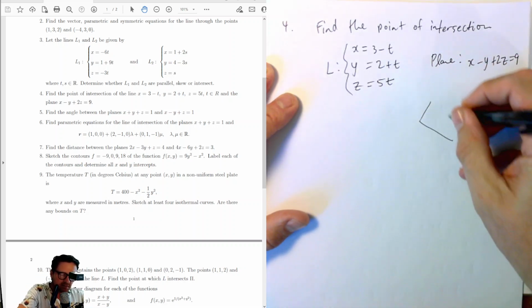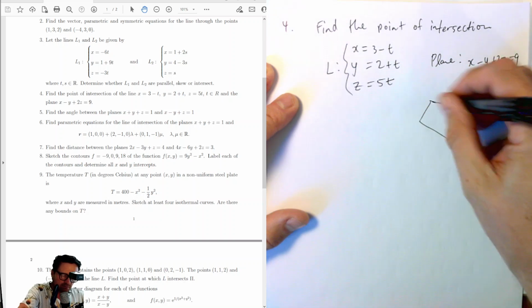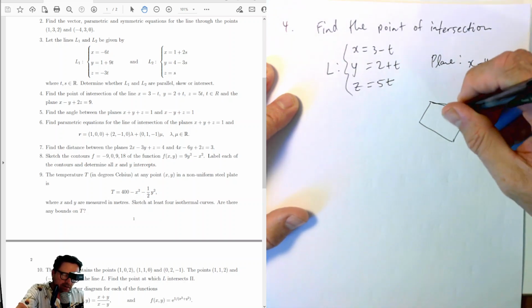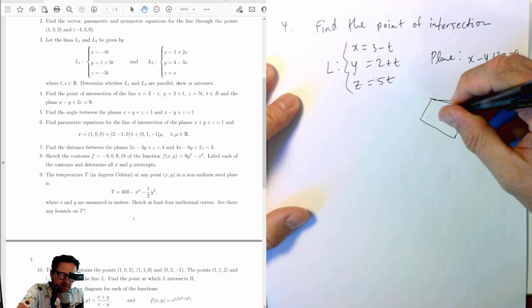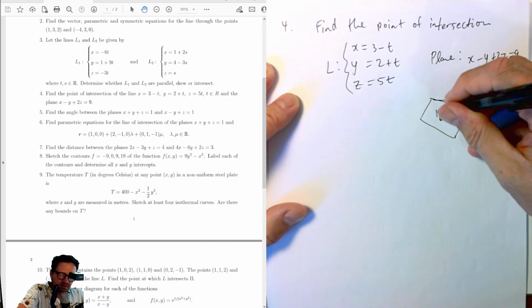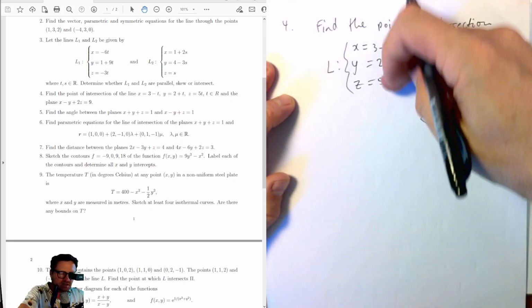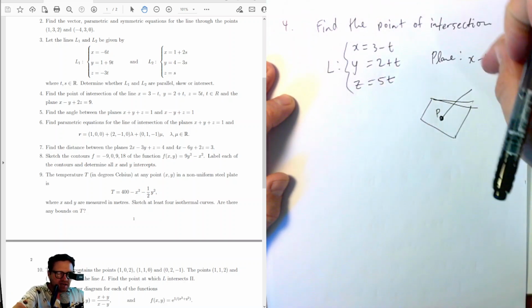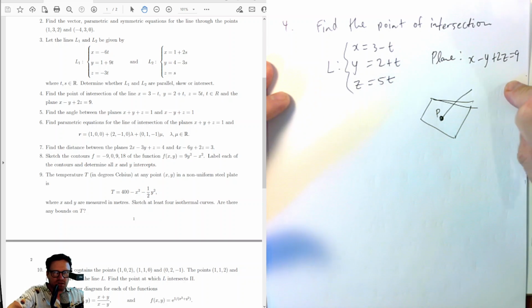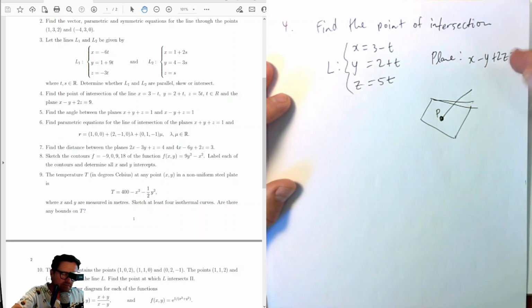Let's draw a picture. Okay, so here's our plane. Then we've got a line. Here's our intersection. Let's call that the point P. So to find this, what we want to do is sub x, y, z into this right here, and then solve for the parameter for which those two things agree.